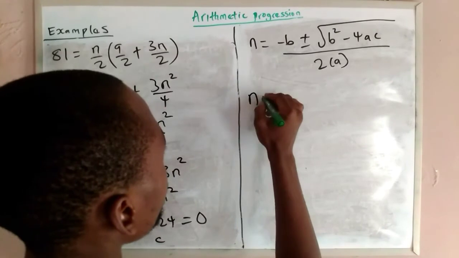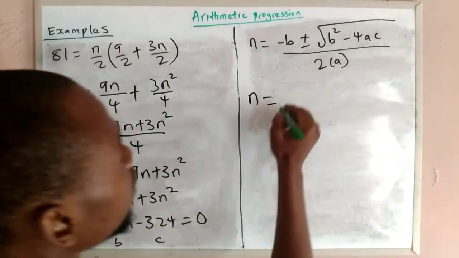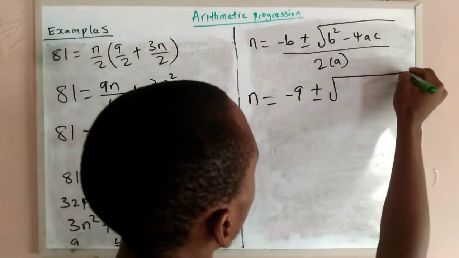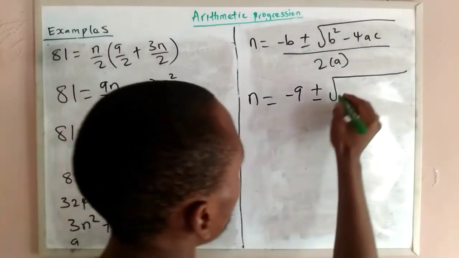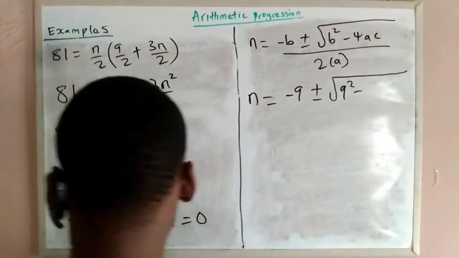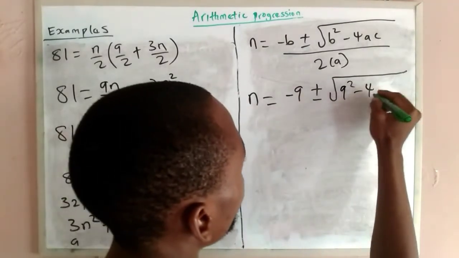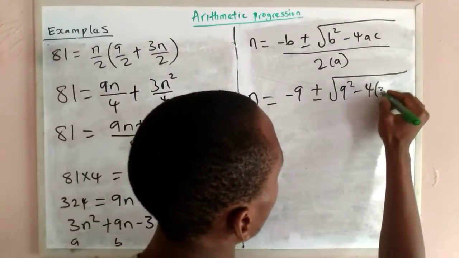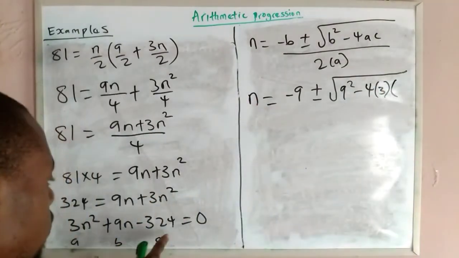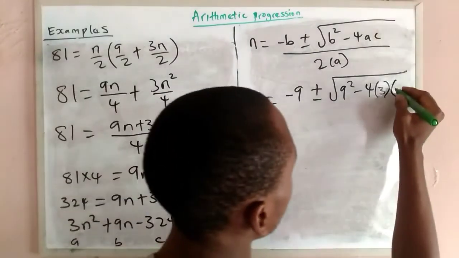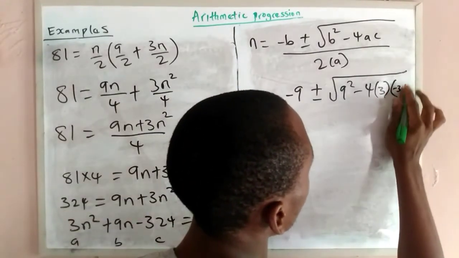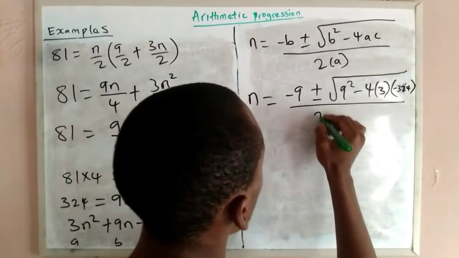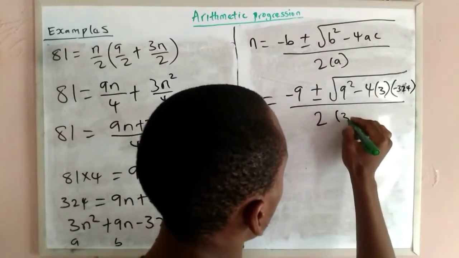So we have n to be equal to minus b, that will be minus 9 plus or minus root of b squared, that will be 9 squared, minus 4 into brackets a. Our a here is 3, the coefficient of n squared. Our c here is minus 324, the constant term, all divided by 2a, and our a is 3, of course.